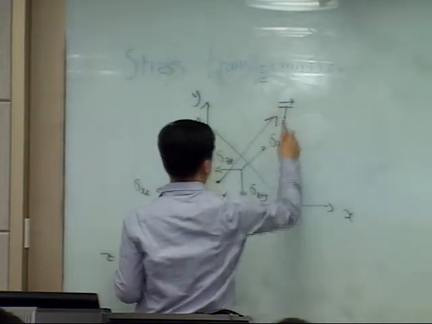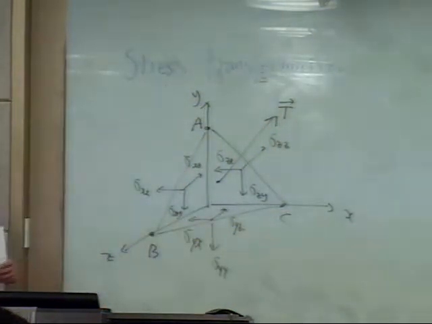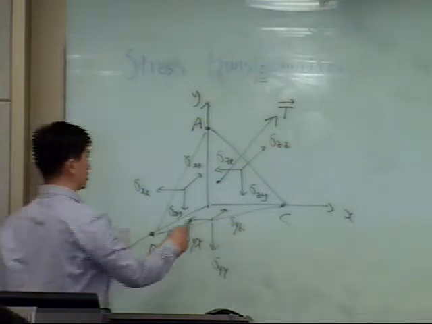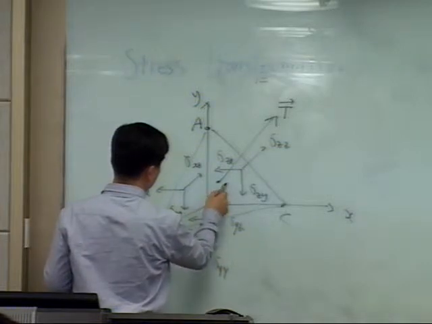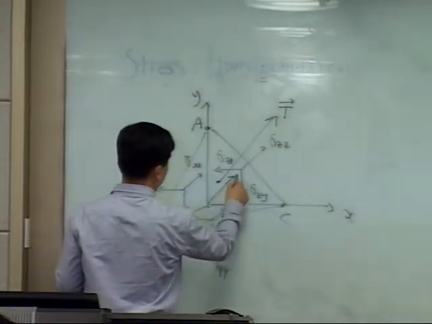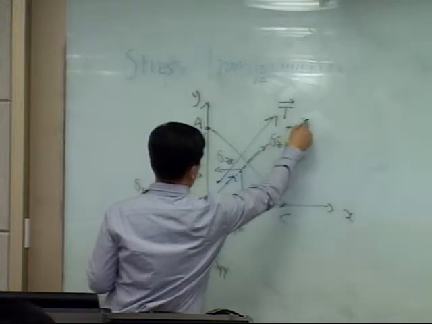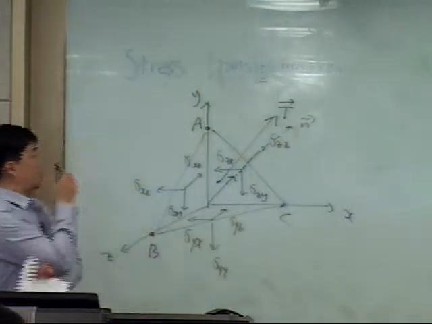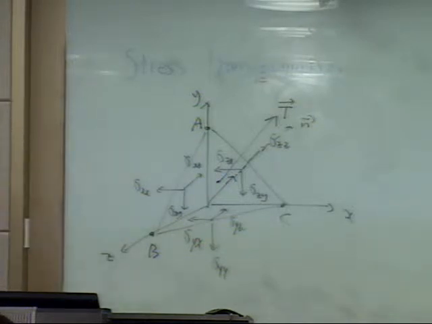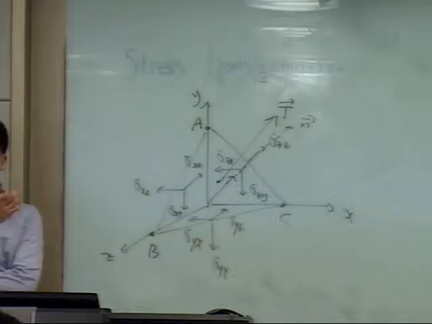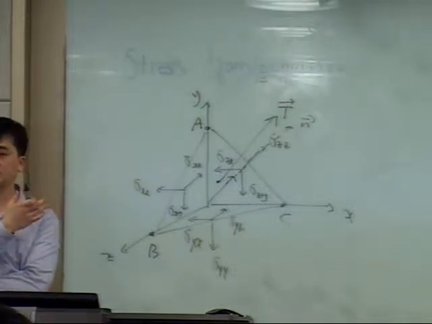Let's say that stress is T, and the normal direction for this surface is N. The N vector is normal to the surface ABC. So now I have defined all the surface forces acting on this tetrahedron.